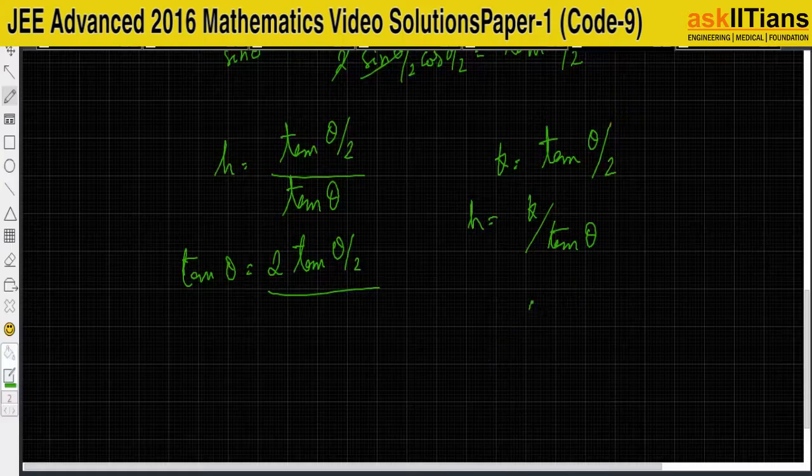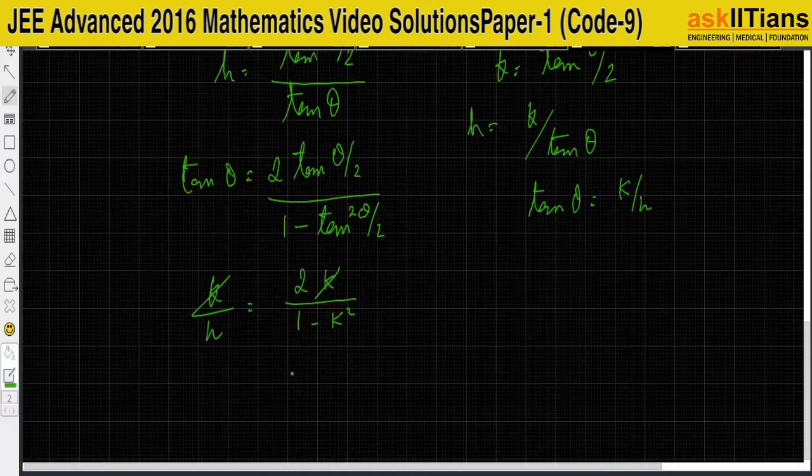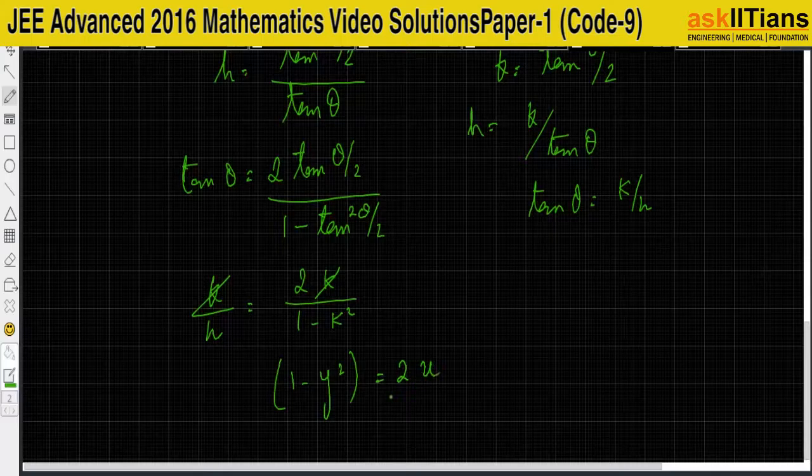Okay, so tan theta will be actually k by h, and theta by 2 gives k divided by 1 minus k square, and this is k by h. So k will get cancelled. So actually I'll get 1 minus y square equal to 2x. 1 minus y square equal to 2x.